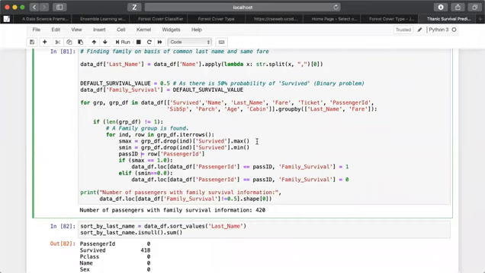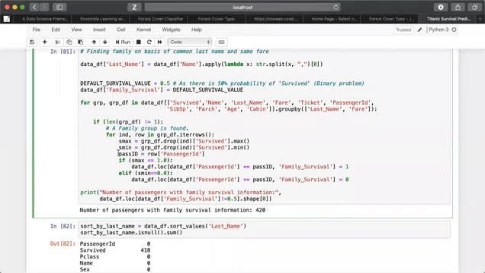For Abbott 1, I drop him first and find the survived maximum of the remaining. The remaining values are 0 and nan, so this will become nan, and min will also become nan. For the second, I will drop the 0, and 1 and nan will remain, so again nan, nan. But for the third, I will drop the nan, and the max will become 1 and min will become 0.